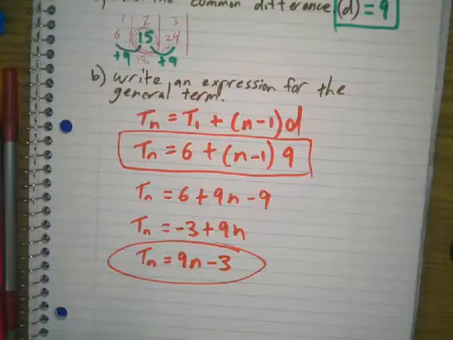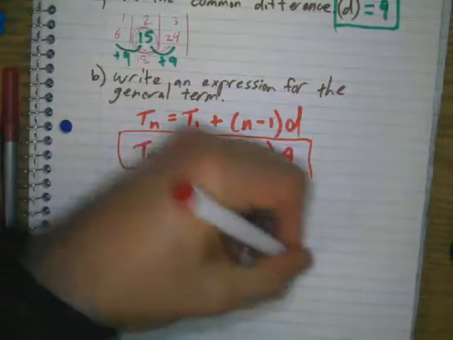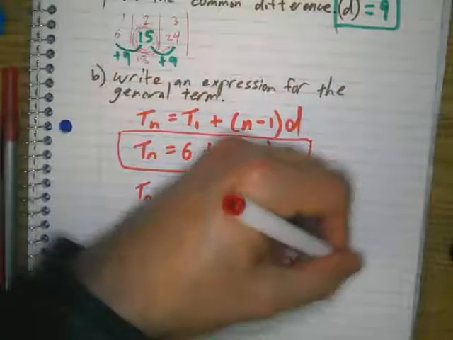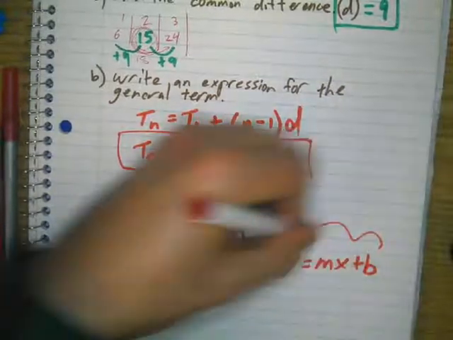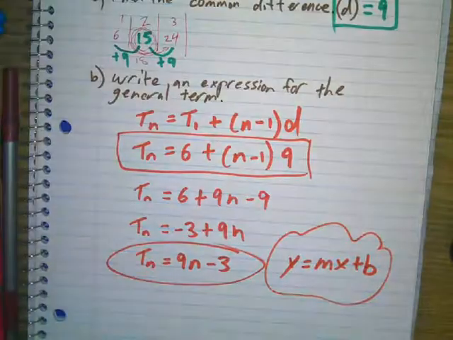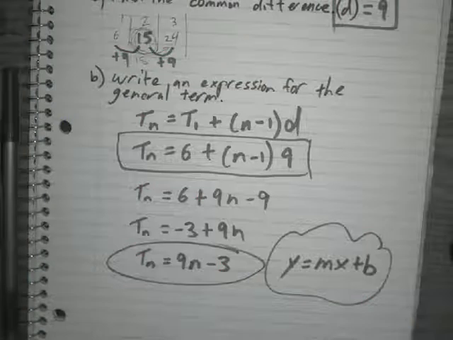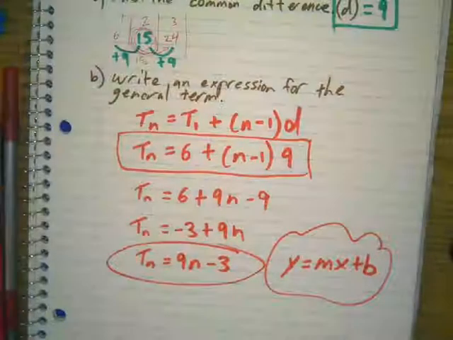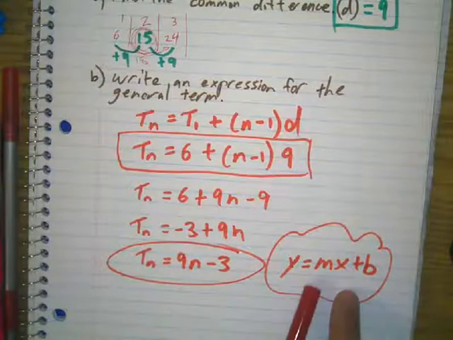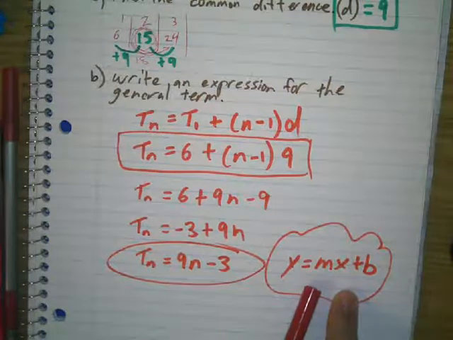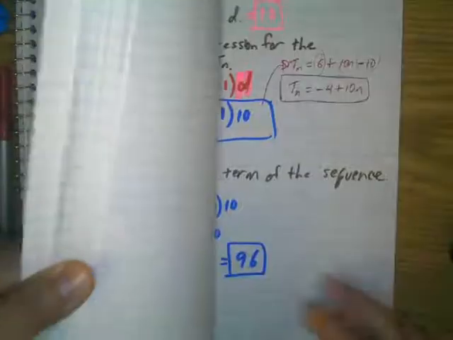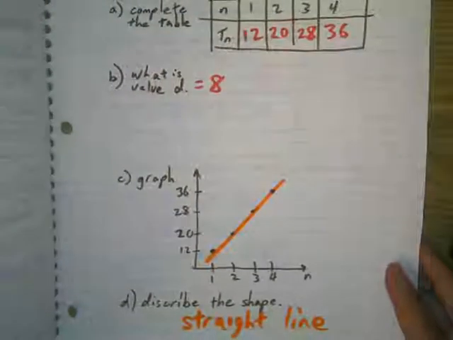Doesn't that look like y equals mx plus b? Ooh. This might remind you of a straight line, and our graph that we did on the previous page was a straight line. Good luck with your homework.